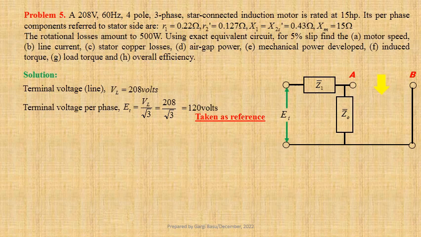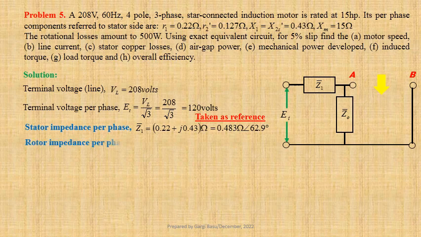We have obtained stator impedance per phase Z1 equals 0.22 plus j times 0.43 ohm. This may be written in polar form as 0.483 ohm at an angle 62.9 degree.